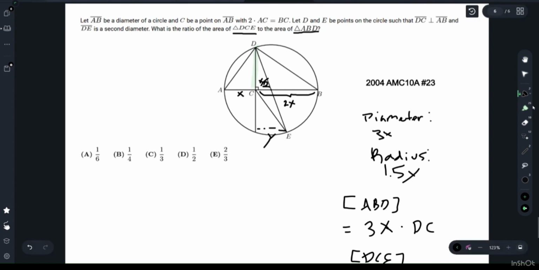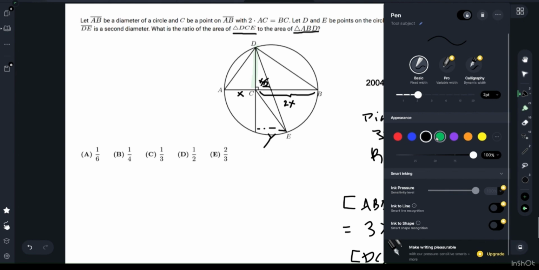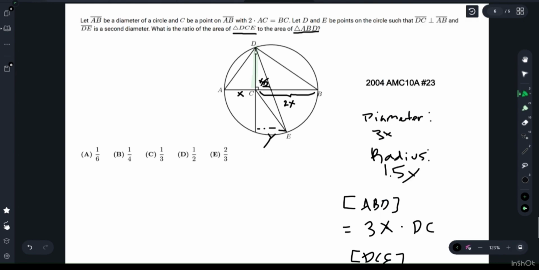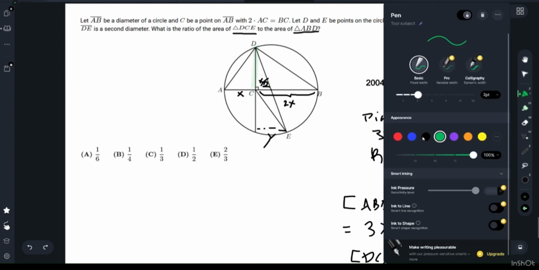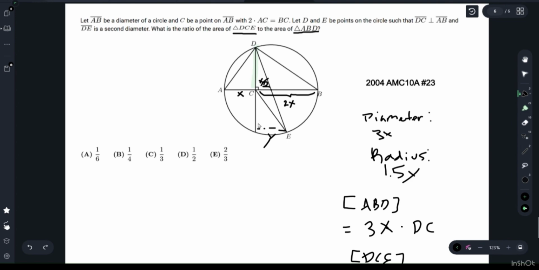Well, one thing we can take here is the triangle DC to that point and D here to E. Well, we know that these two triangles are similar. How do we know that? Well, according to AA similarity, they must be similar.